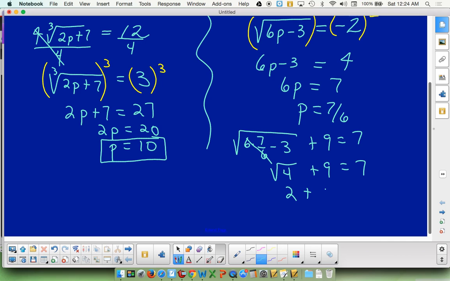Does 2 plus 9 equal 7? No, the squaring process messed up the positives and the negatives here. I would actually need -2 plus 9 to equal 7. So this one does not check. Consequently, 7/6 is not a reasonable answer, and I would actually say this one has no solution. So if you take it to an even power, you must check.